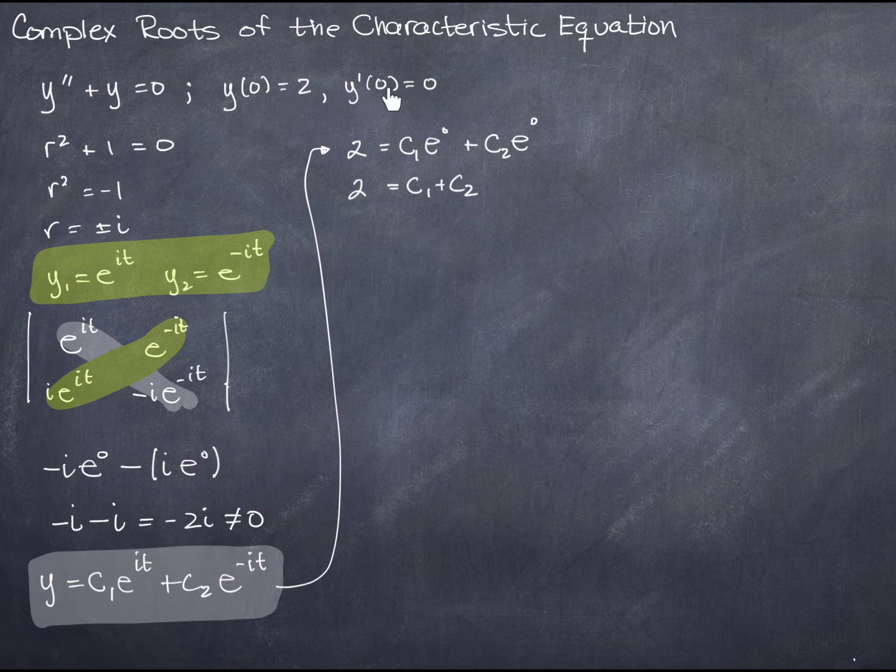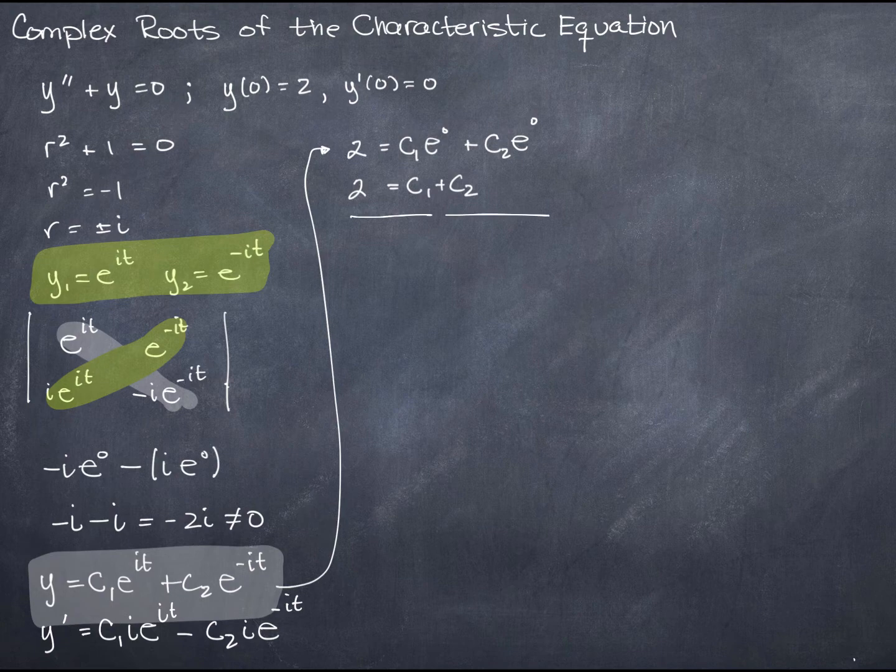Now I need to deal with this set of initial conditions, but I don't have a y prime. I have a y, so if I take the derivative of that, I'll get y prime equals c1 times i times e to the it plus c2 times negative i times e to the negative it. So let me change this to a minus, it's the easiest way to deal with that. And I'm going to plug these initial conditions into this equation.